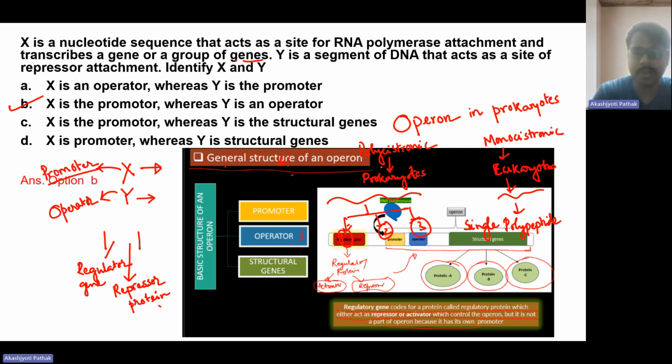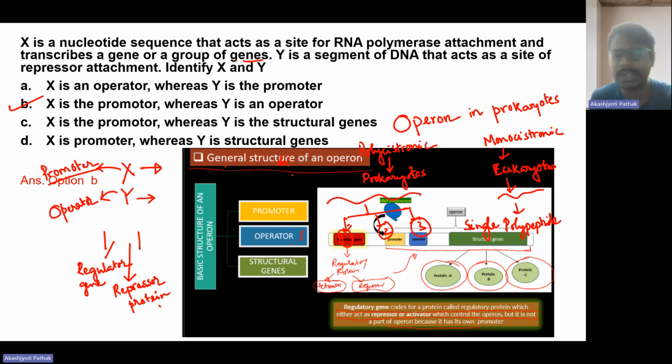You can see here a general structure of an operon depicted in this figure. There is a regulatory gene which codes for a regulatory protein, and this regulatory protein can be an activator or a repressor. Then this regulatory gene is followed by a promoter, then an operator, and then structural genes. Why is it called the operator?